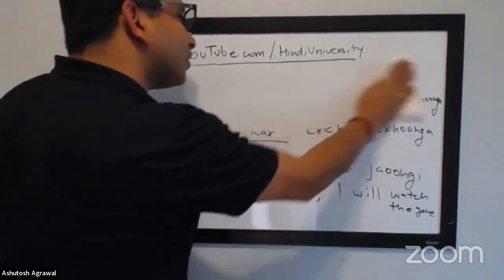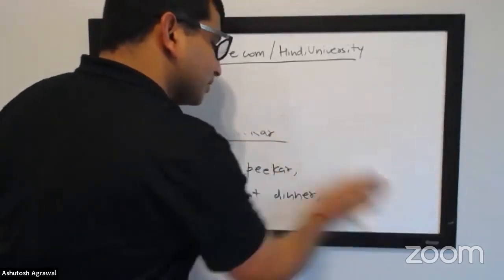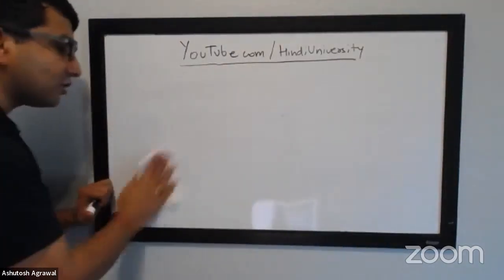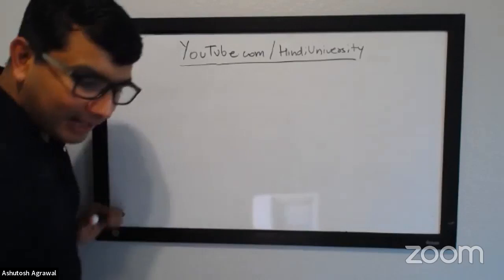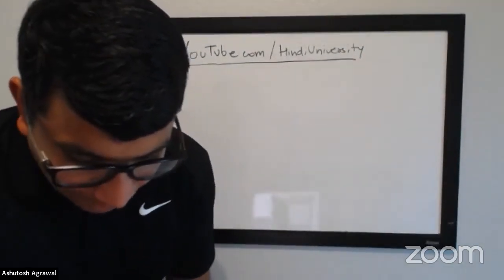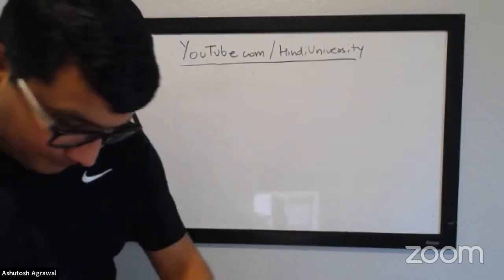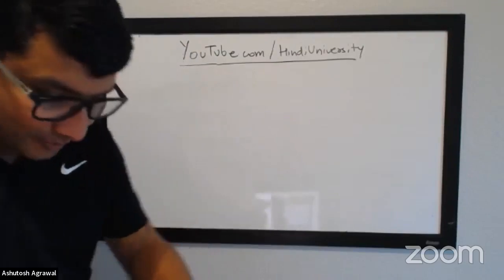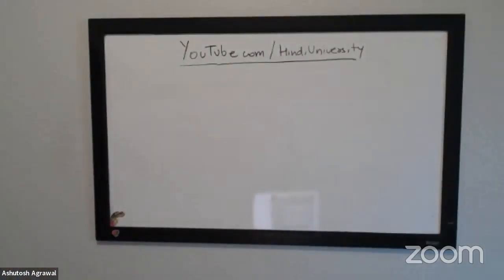So this is sort of your base stuff, which is basically how we use the conjunctive participle. Now I'm going to give you some more quizzes. Think of the earlier one as case number 1.